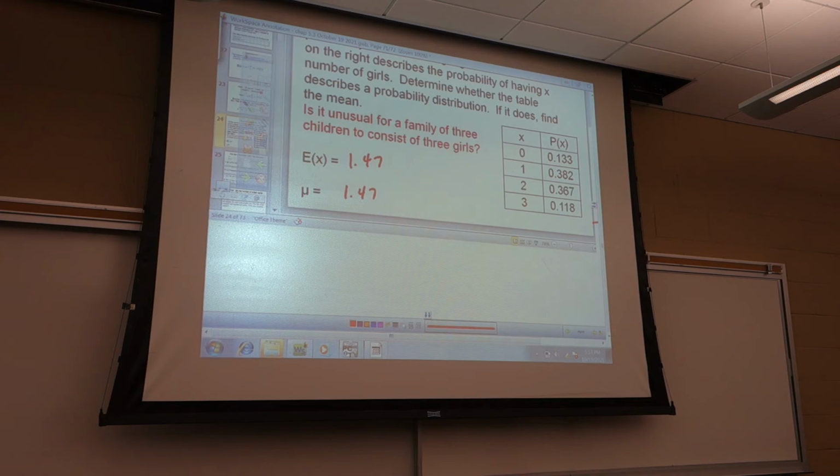Is it unusual for a family of 3 children to consist of 3 girls? What's our guideline for unusual? 5% or less. So what's the probability of getting 3 girls? 0.118. Is that unusual? 12%.